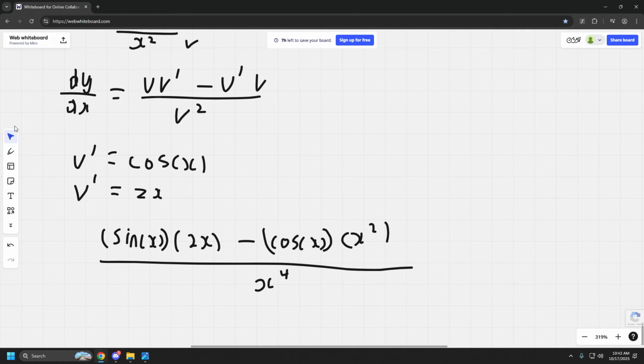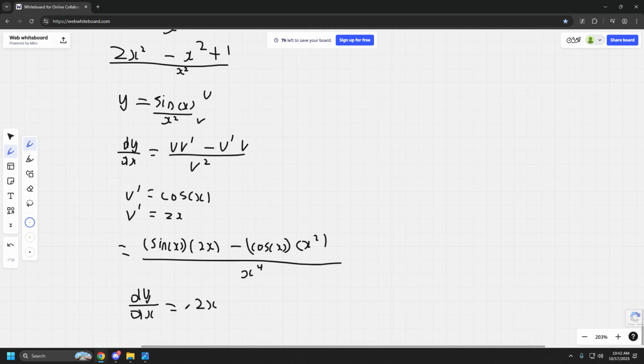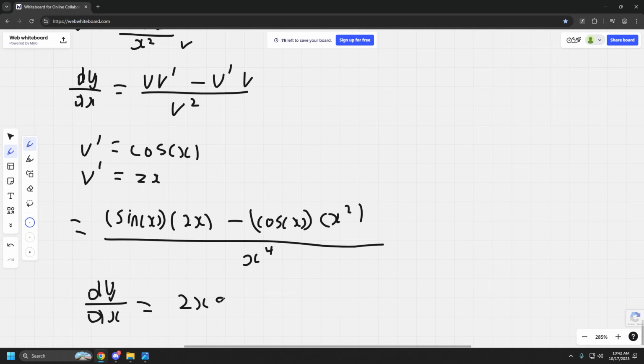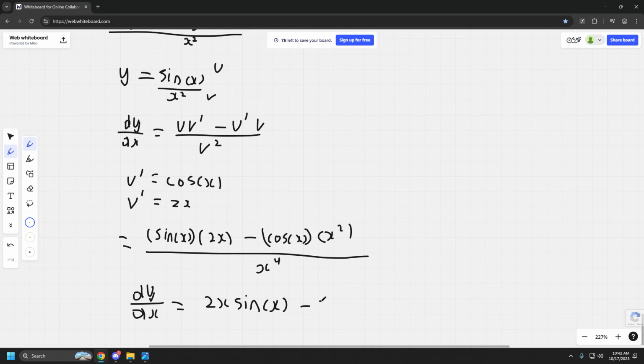So our answer would be dy/dx equals 2x sine x minus x squared cos x divided by x to the power of 4.